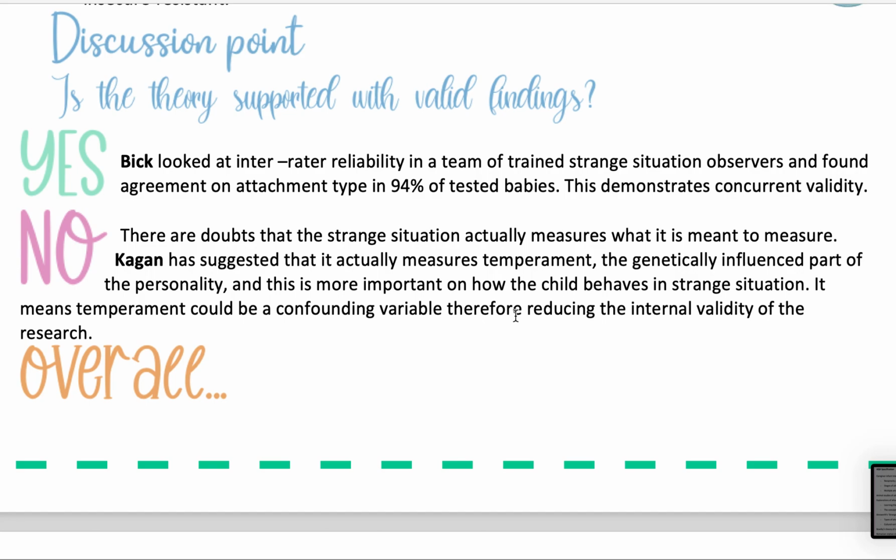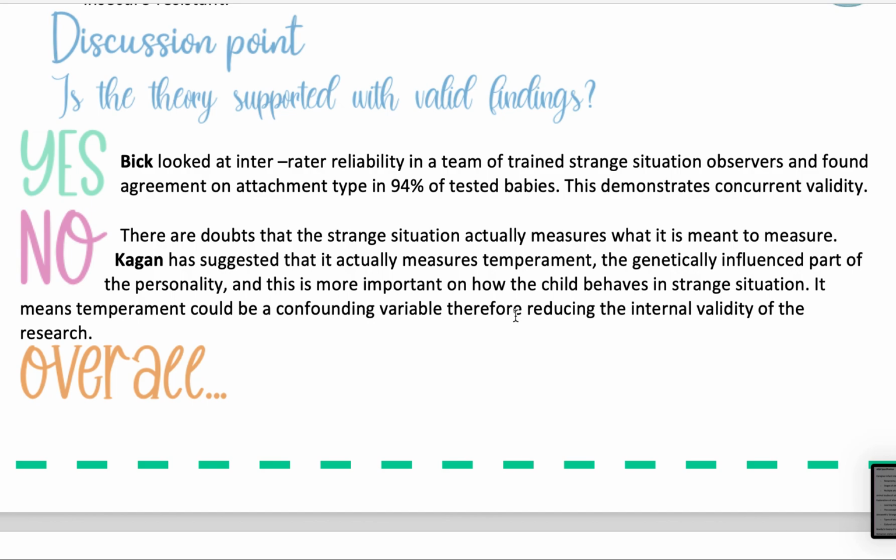It's quite difficult to distinguish. So if a baby's crying, is that high level or is that medium level? How are we deciding how upset the baby is? But because there was an agreement 94% of the time, it suggested that they accurately operationalized the different observation categories, so therefore increased validity.